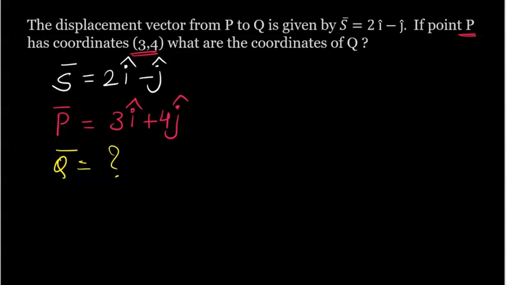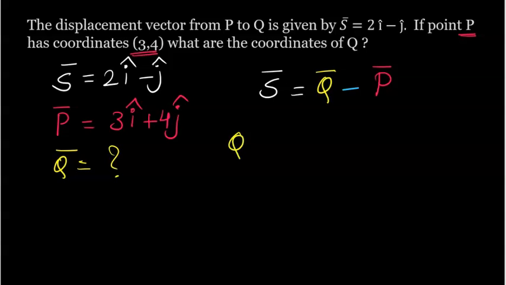By the way, P bar vector is a position vector of point P and Q bar vector is the position vector of point Q. But now we know this formula that s bar is equal to Q bar minus P bar. We know this. So using this, what we will do, we will find the Q bar vector, right?